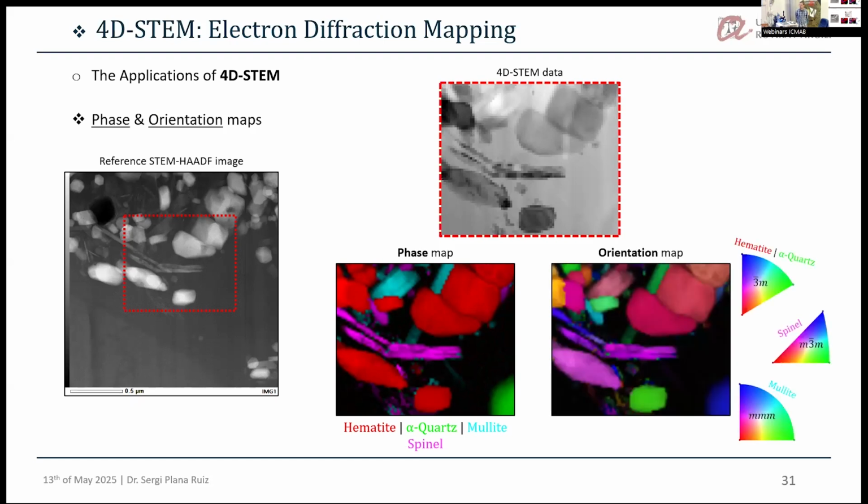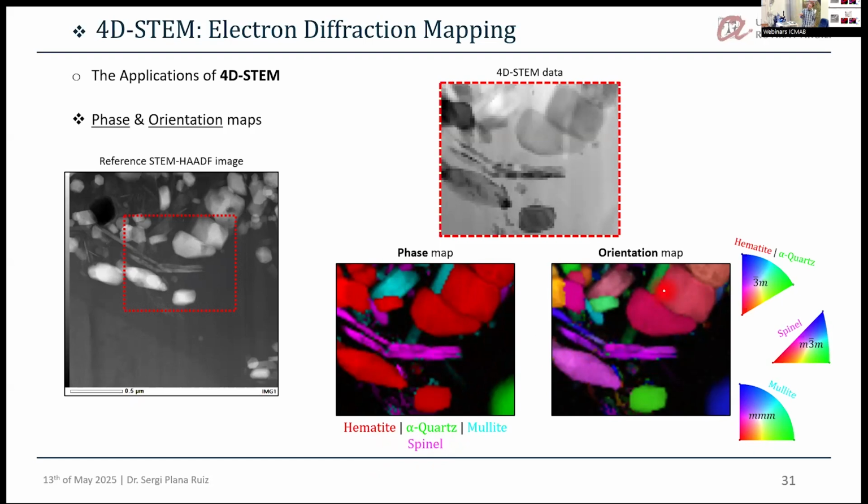And also we can get the orientation map. So we have a lot of colors here, but basically, if you focus on this spinel here, these crystals, which are just pink. So pink is related to the phase of a spinel. But if we look here, it's also pink, unfortunately.